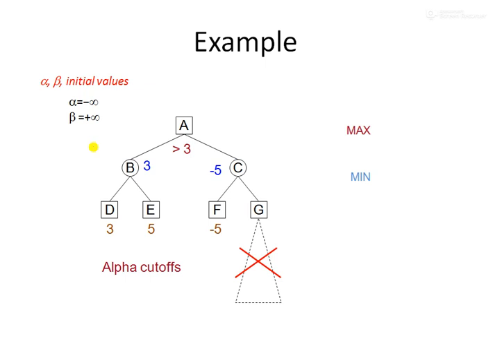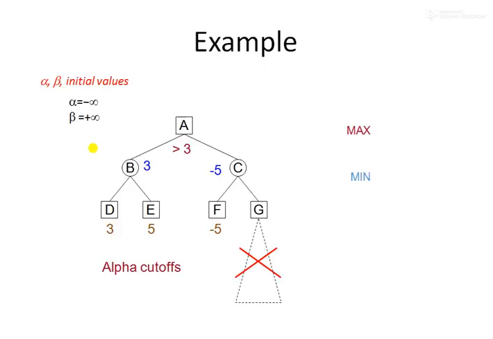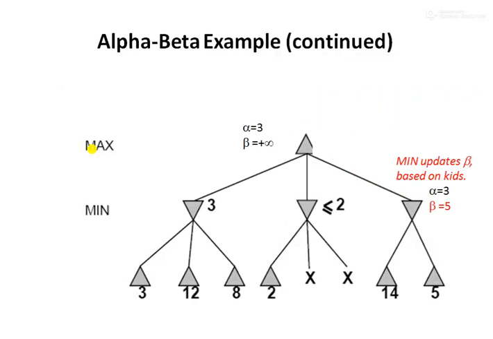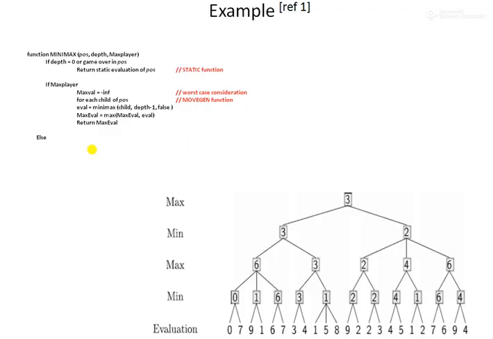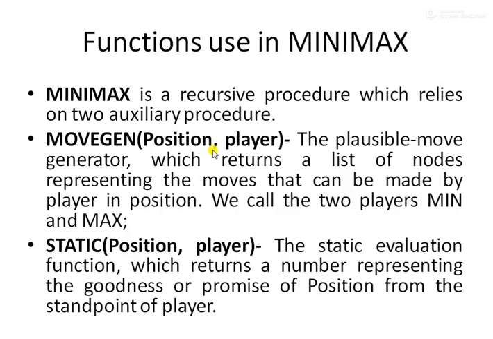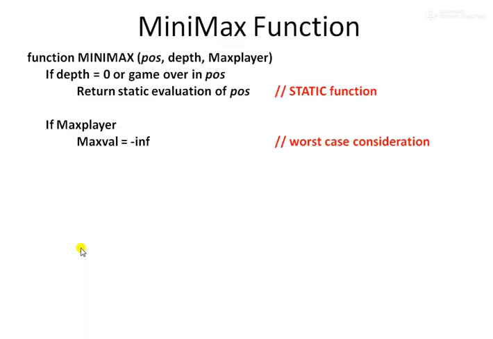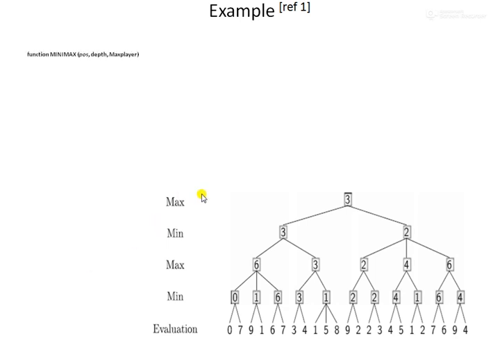In this discussion I have mentioned the MiniMax earlier. Let me go to the previous slides. Initially we have seen the MiniMax algorithm. MiniMax is a recursive procedure which internally uses 2 functions, MoveGen and the static evaluation function, and we have seen the example of MiniMax.